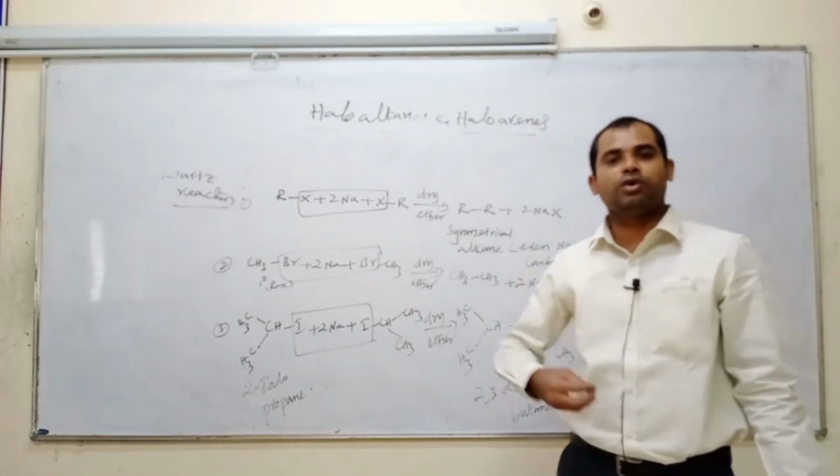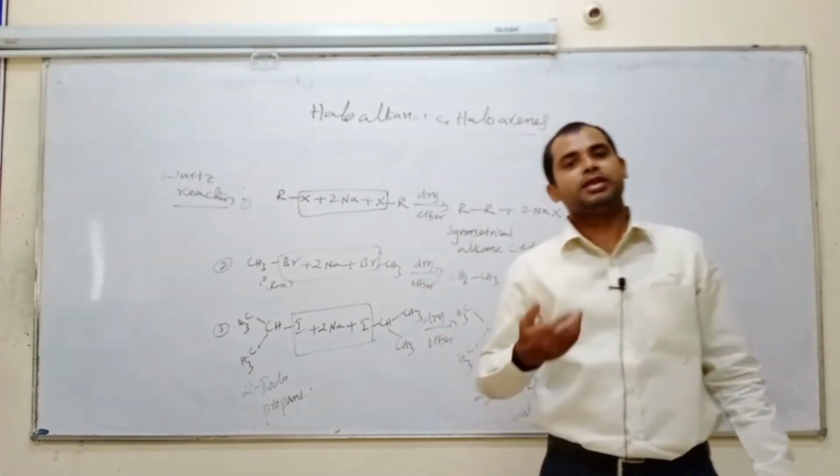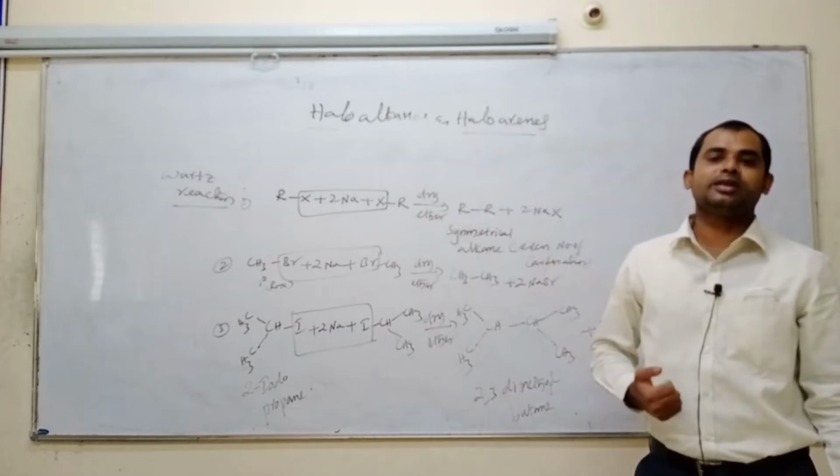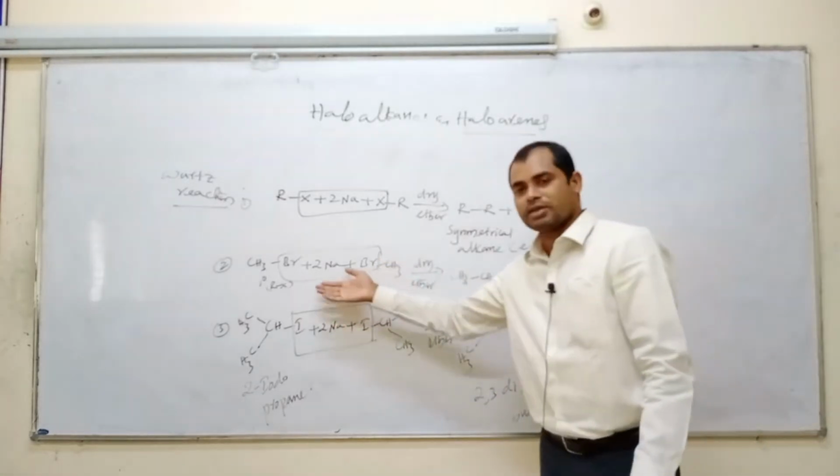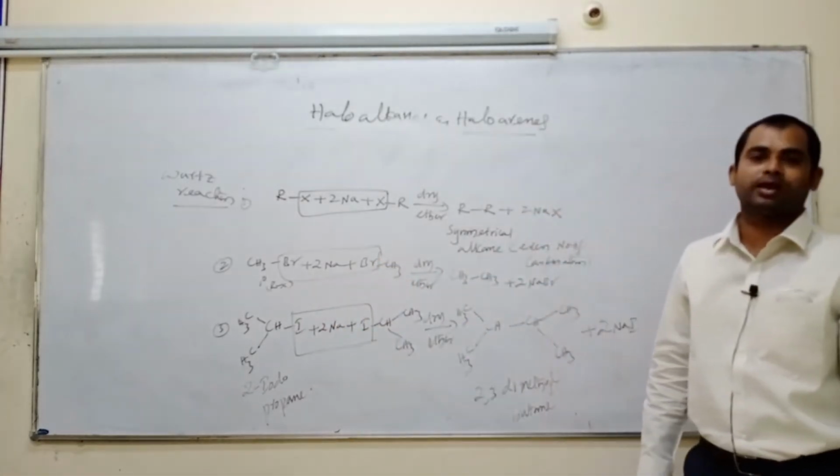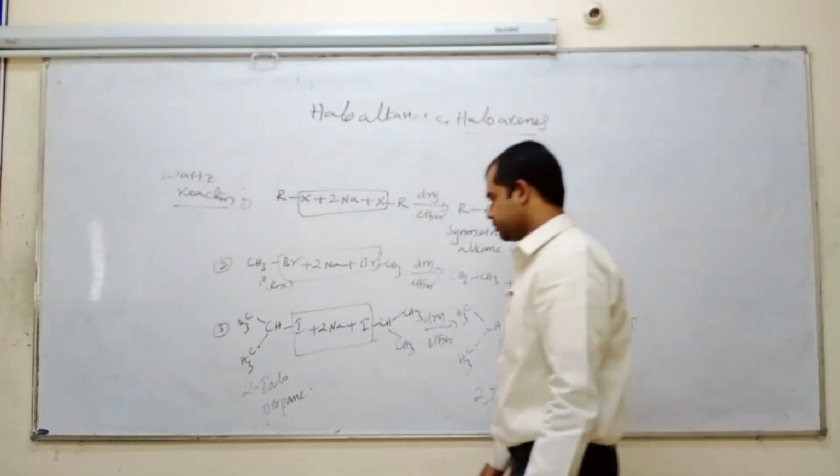So what is the order of reactivity? First primary, then secondary, and least priority tertiary. Now let us see what happens when a tertiary alkyl halide reacts with sodium. Let us see the reaction.